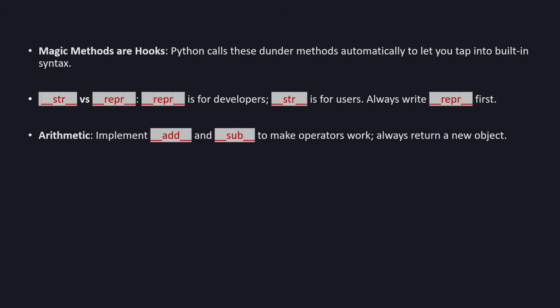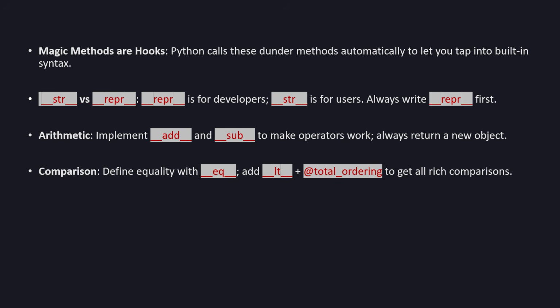Arithmetic. You can always make operators like plus and minus work by defining dunder add and dunder sub. Always return a new object. Comparison. You can define how equal to works with dunder eq, and by adding dunder eq and dunder less than, or dunder lt, plus the total ordering helper, you'll get a rich comparison for free.